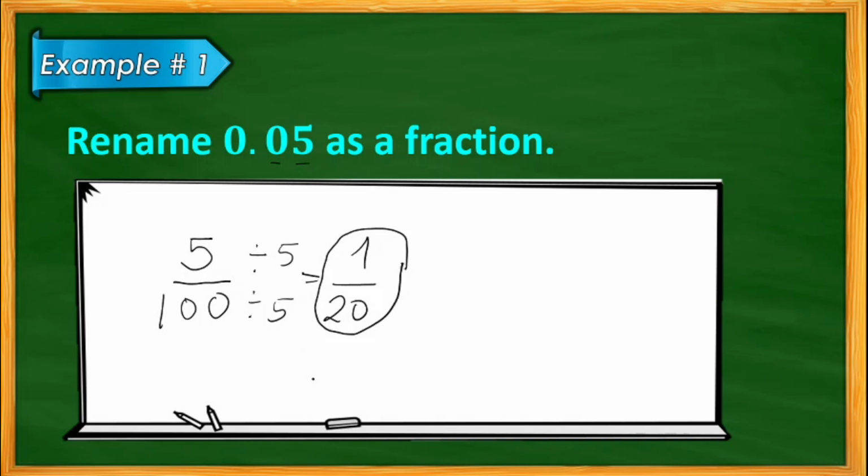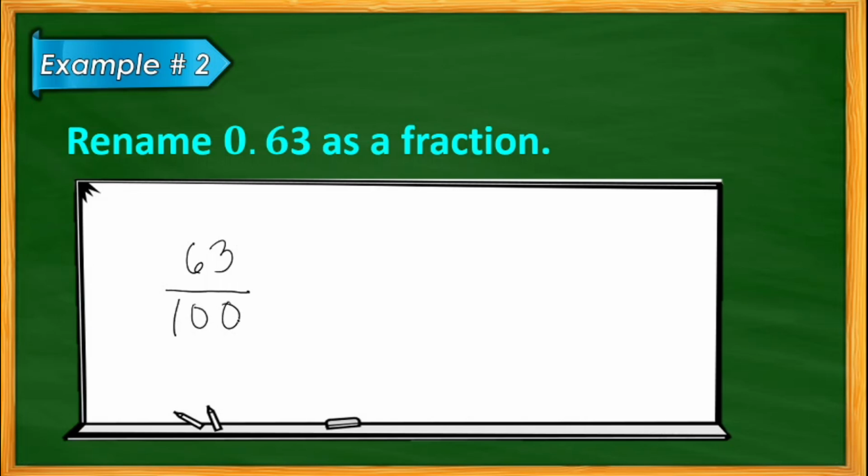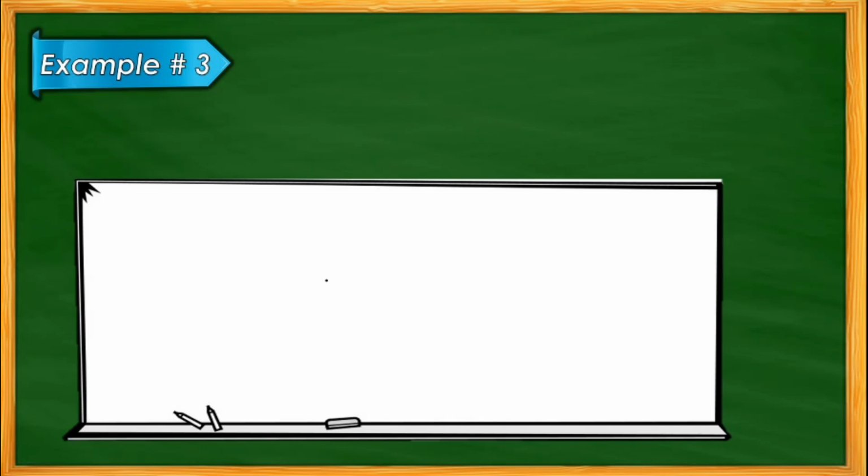Okay. Next, example number 2, 0.63. So 63 is the numerator, and then 63 is in the hundredths place. So observe your answer. Is there any common factor between 63 and 100? None. So this would be the final answer. Okay, so that's very easy.